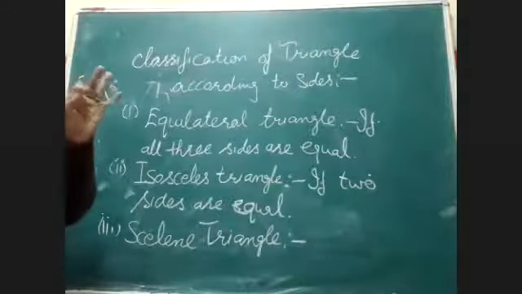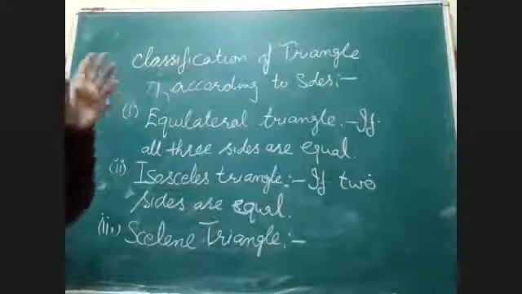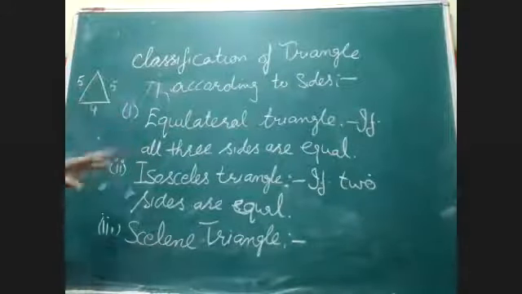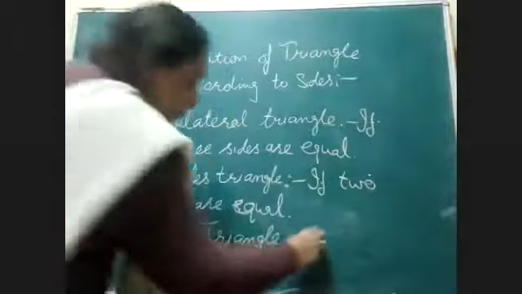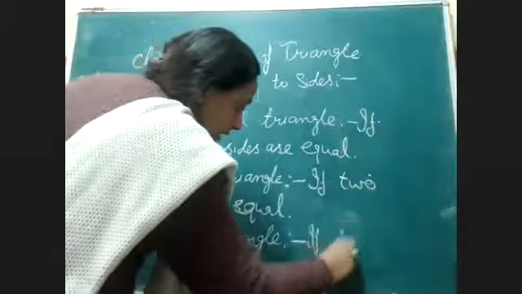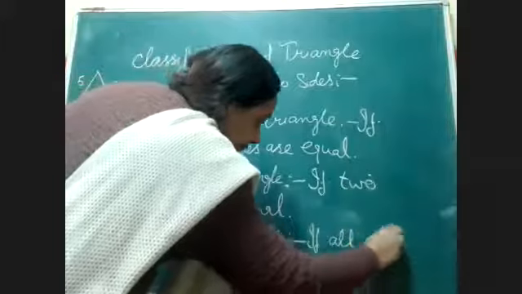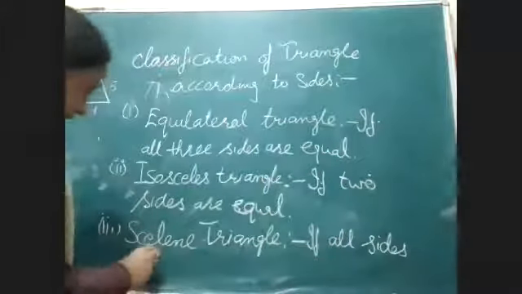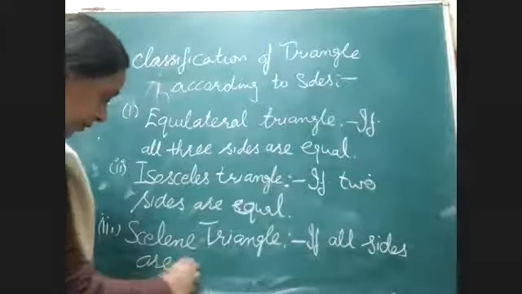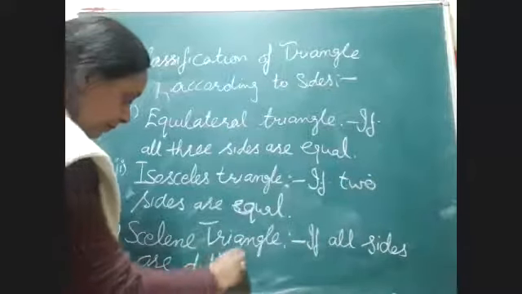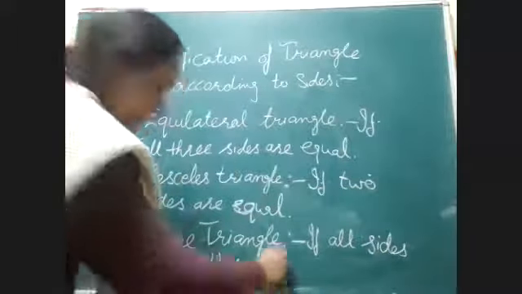If all three sides are different in length, then the triangle is scalene.